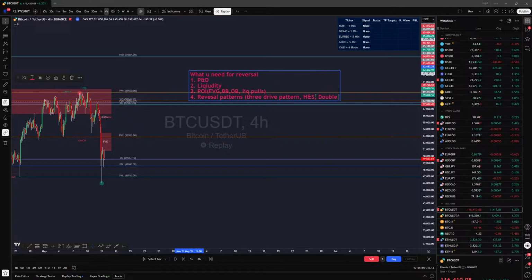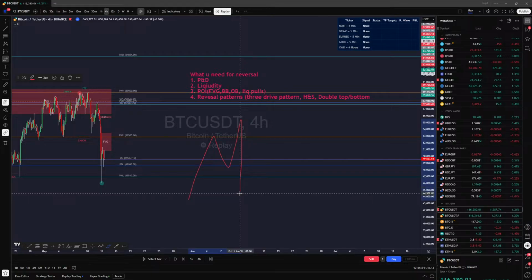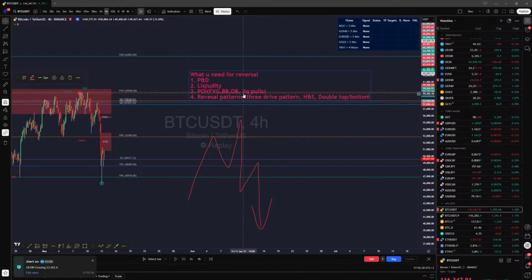Double top, double bottom. It's like this one: liquidity sweep, shift, but it's like head and shoulders itself. So basically you have one shoulder, a second one, and a type of head and shoulders. This is one of the reversal patterns anyway. Okay, pretty much that's it.